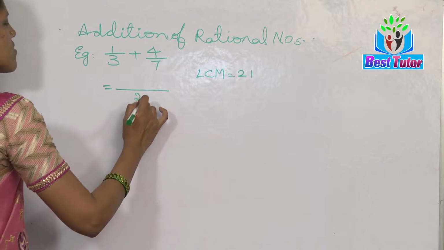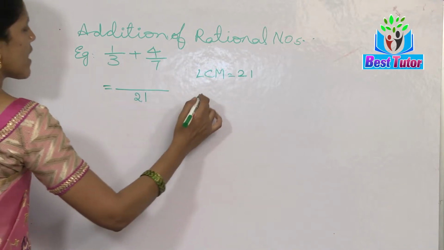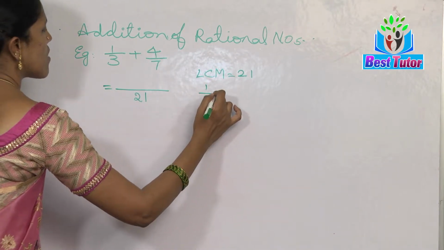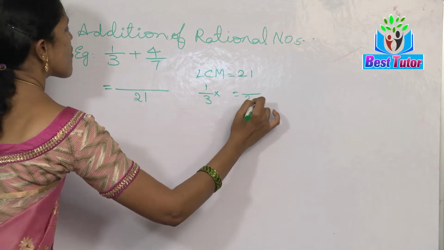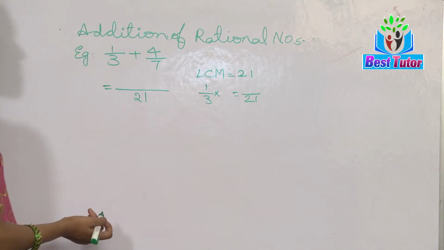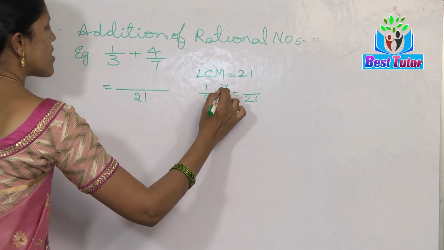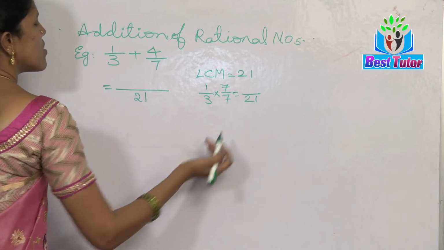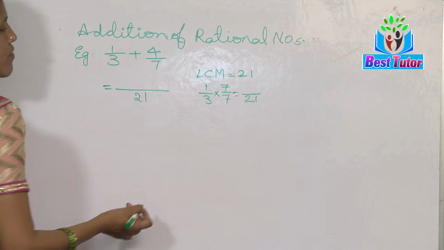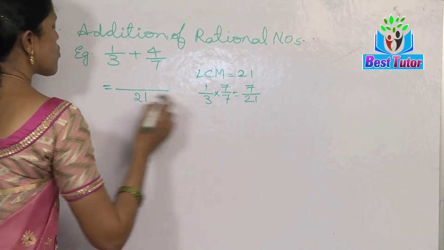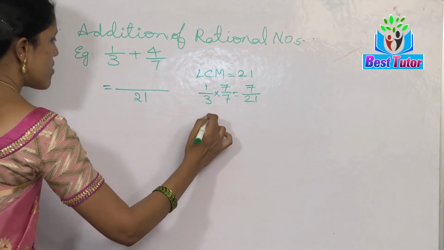So, I will take it as 21. How can I convert 1 by 3 into a fraction with 21 as the denominator? I need to multiply the numerator and denominator by 7. So, we get 7 by 21.